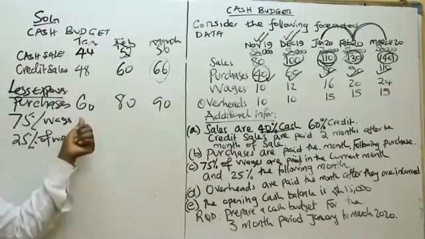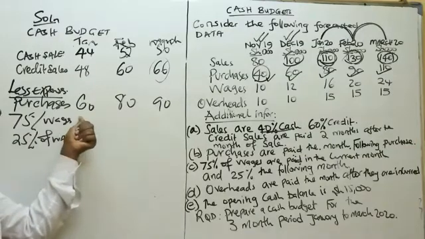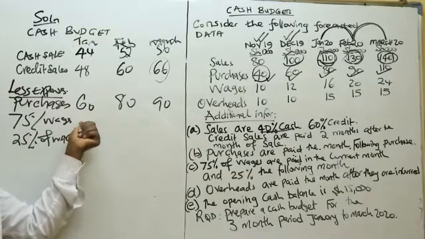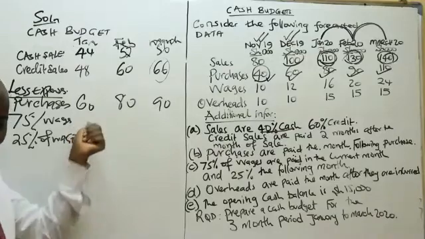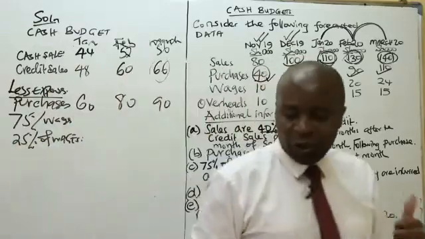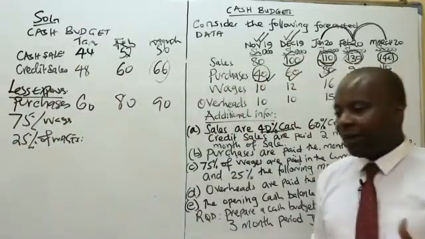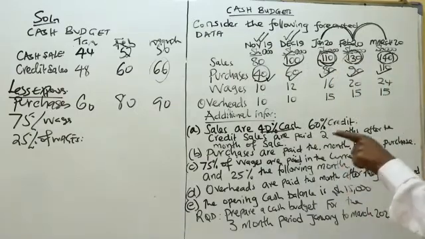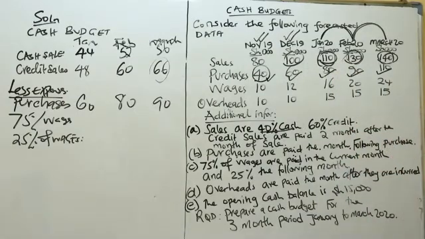I would want somebody to help me out by defining how much we are going to put in the month of January. That's how I'm able to gauge whether you guys are following.